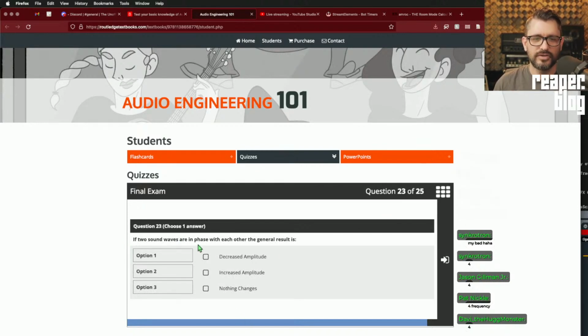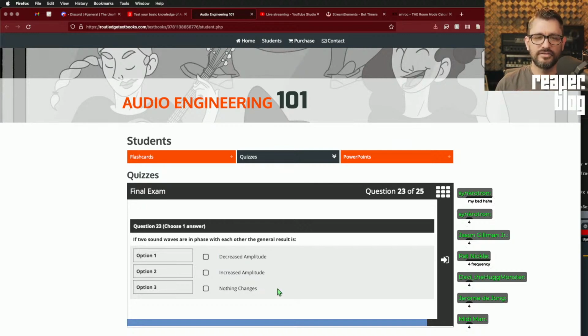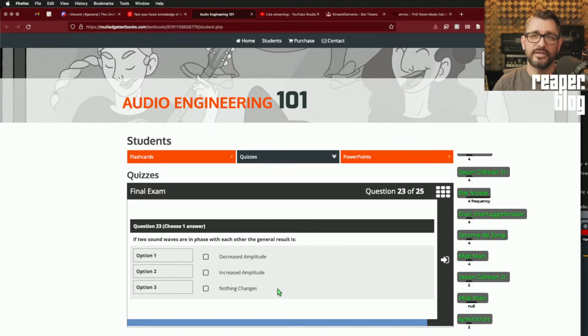If two sound waves are in phase with each other, the general result is decreased amplitude, increased amplitude, or nothing changes. Two waves in phase with each other, what happens? Jason says 2, increased amplitude. Midi Man says no, they cancel out. 2, more amplitude from Pat and Andy.